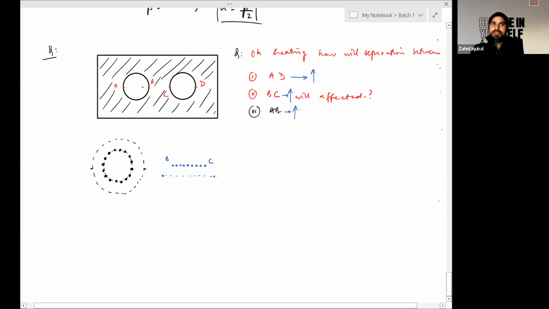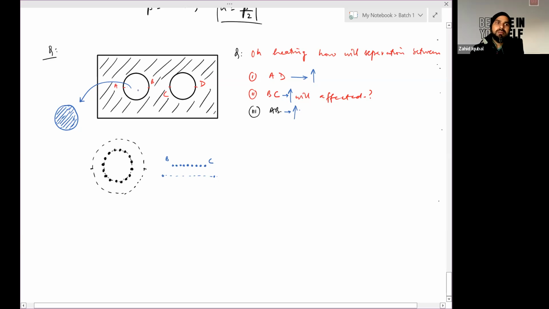Similarly, for this question, you will be asked if this cutout portion is placed like this, how will this cutout portion and hole change its dimension on heating? So you'll say this cutout portion and the arrangement of particles at the circumference of hole are made up of same material.